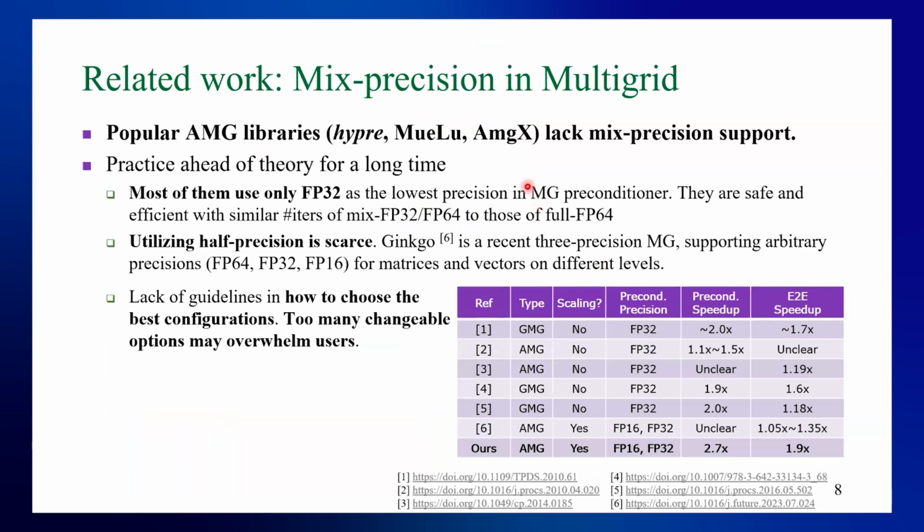Here we have a quick review of some previous work. Most popular AMG libraries still lack mixed precision support. And for a long time, most practices used only FP32 as the lowest precision in MG. Utilizing half precision is more scarce. Jinko is a very recent work, and the existing work still lacks guidelines on how to choose the best configuration.